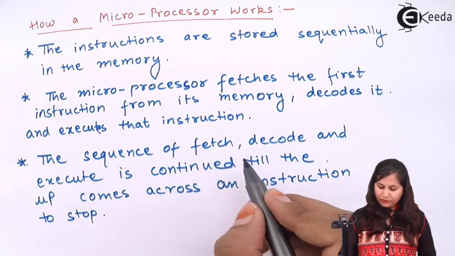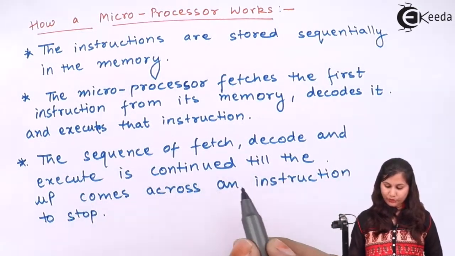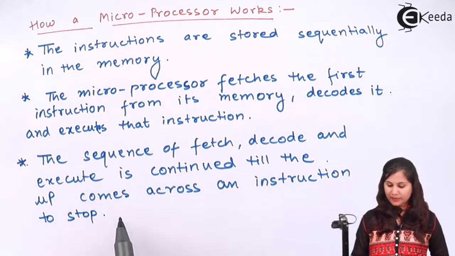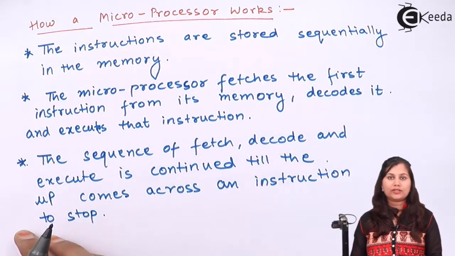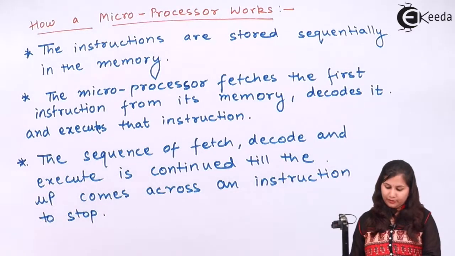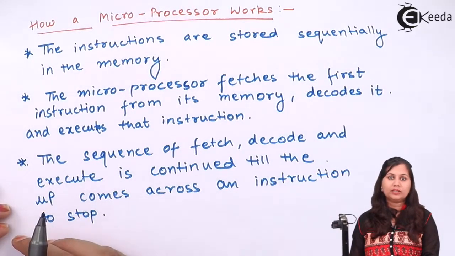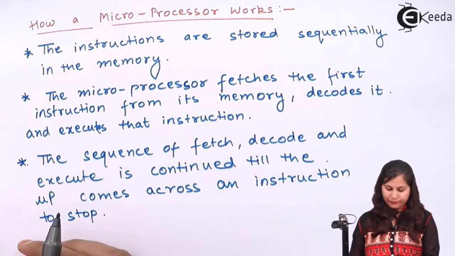So the sequence of fetch, decode and execute continues till the microprocessor comes across an instruction to stop the cycle or to stop its function. Now it has to end the operation and give the result to the user.